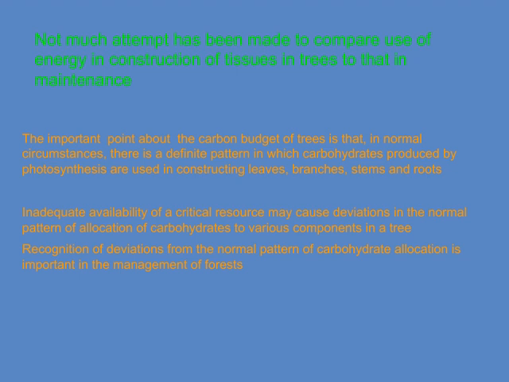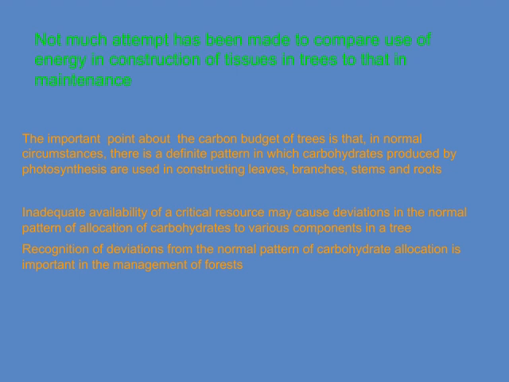However, if a critical resource becomes scarce or limited, this normal pattern of carbohydrate allocation can be disrupted. Such deviations are actually quite significant because recognizing when the pattern changes can tell us a lot about the health and status of the tree. And that's why understanding these deviations is crucial for forest management, helping us make better decisions to maintain healthy forests and ecosystems.